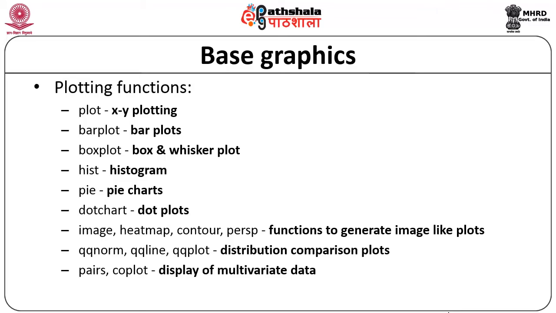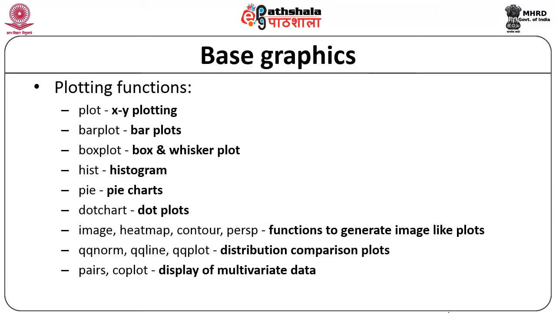The basic functions available in R for plotting are: plot, which is used for plotting xy parameters in a two dimensional Cartesian coordinate environment; bar plot, for plotting bar plots that highlight the distribution of data; and box plot, for plotting the box and whisker plot, providing the outliers and also the correct range of values associated with a given data.